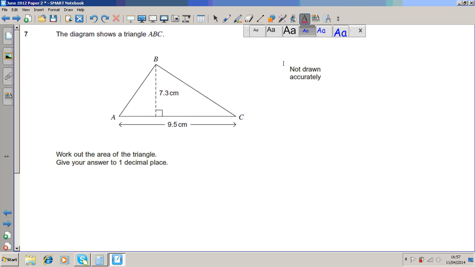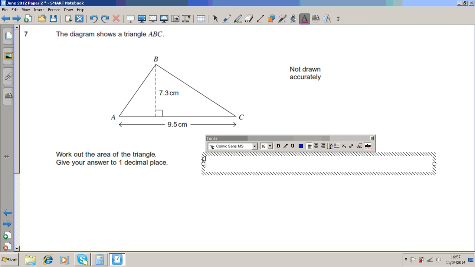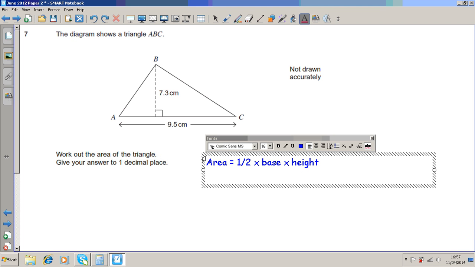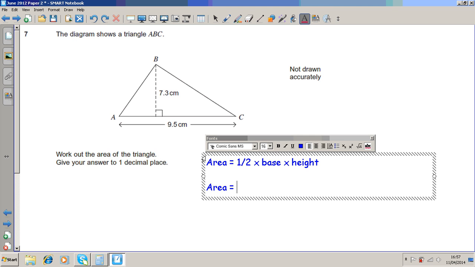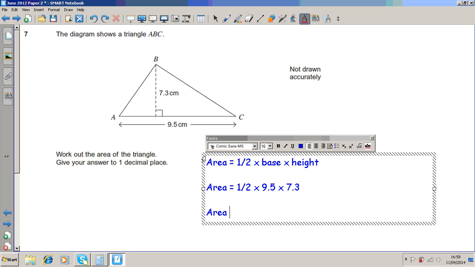Area of a triangle, there's lots of trig rules to work it out, but essentially the easiest rule is that area equals half times base times height. So for us, the area is a half times the base, 9.5, times the height, which is 7.3. If I whack that into my calculator, you get 34.675.